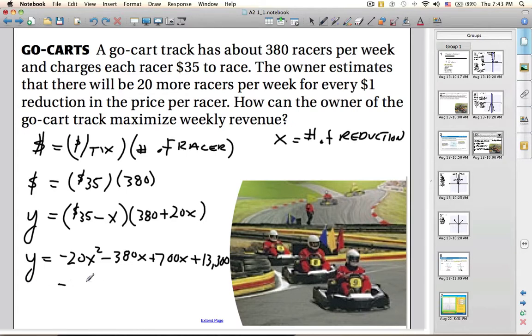If I simplify this, I'll have negative 20x squared. I have minus 380 plus 700. That's going to be plus 320x plus 13,300. Now at this point, this would be an excellent point for you to go ahead and whip out a graphing calculator and plug this in.